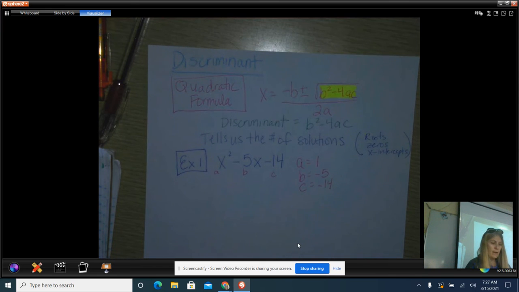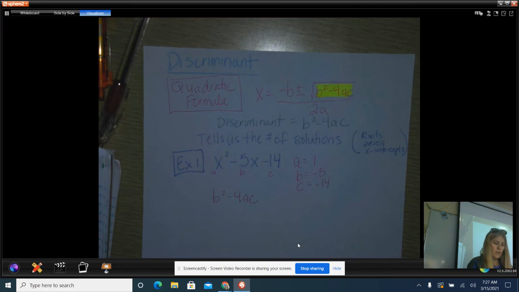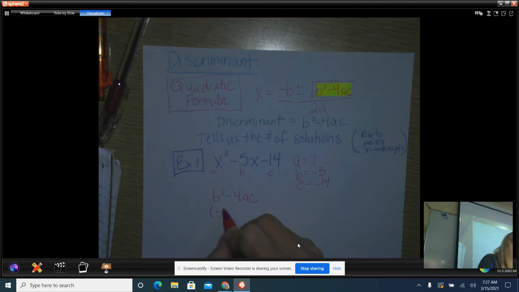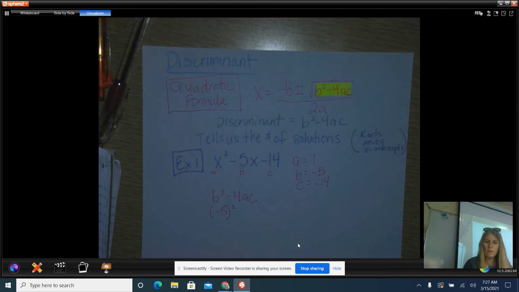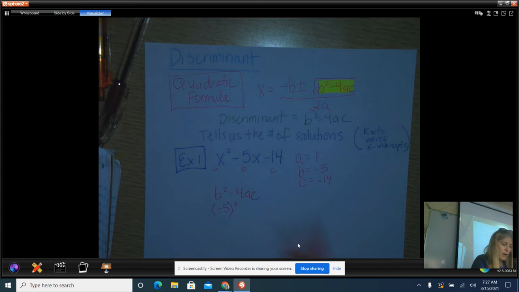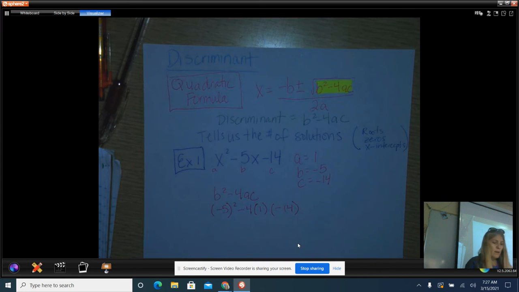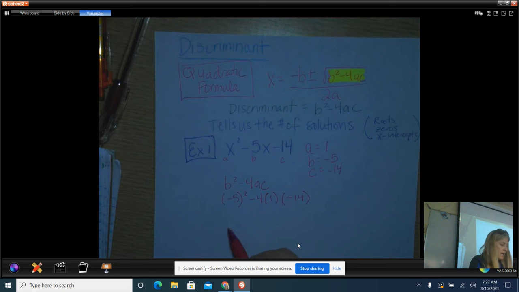So we're going to fill out the portion that is b squared minus 4ac using this information. Our b is negative 5. And remember, as we're substituting in, we always want to put it in parentheses, especially when we're using our calculator. So negative 5 squared minus 4, and then we put both our a in parentheses and our c in parentheses. Then we solve. Negative 5 squared is 25.